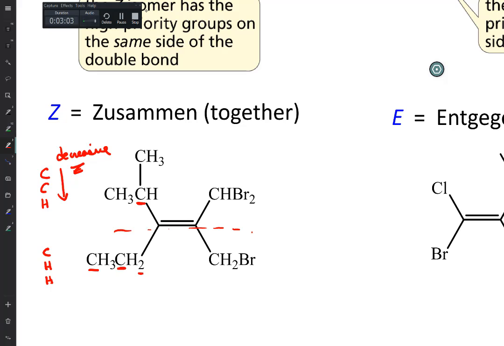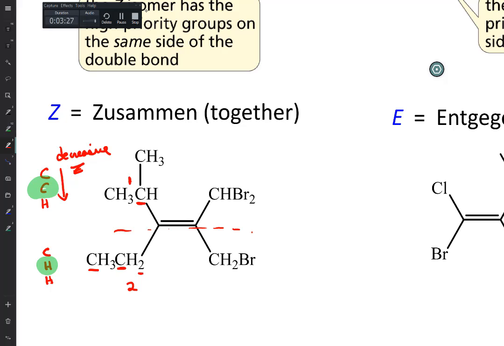Well, this is a tie, right? This is where the tie is broken. Because when you compare it to that, it's carbon versus hydrogen. So my high priority group is this one. This is 1, and this is 2.